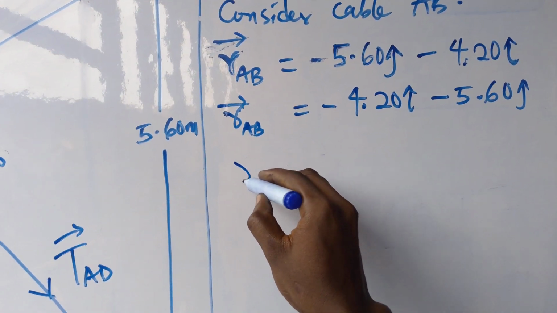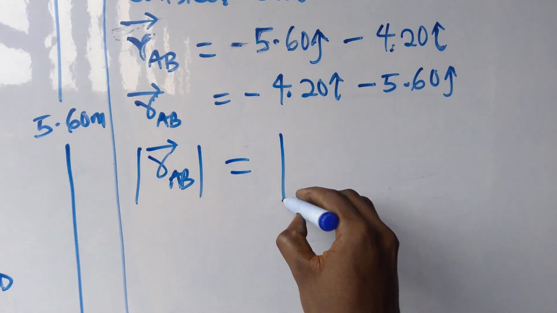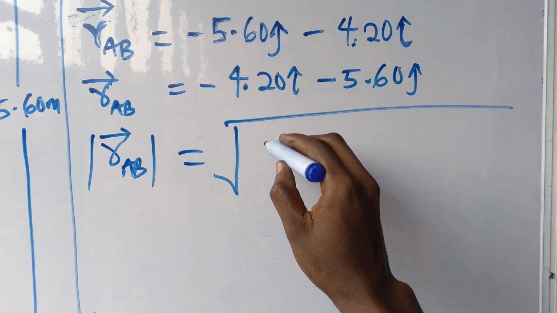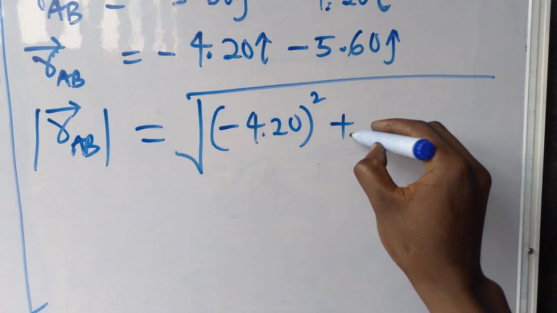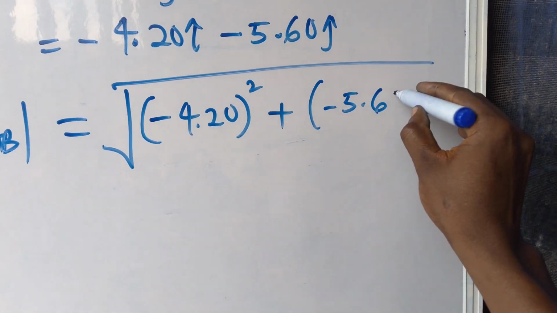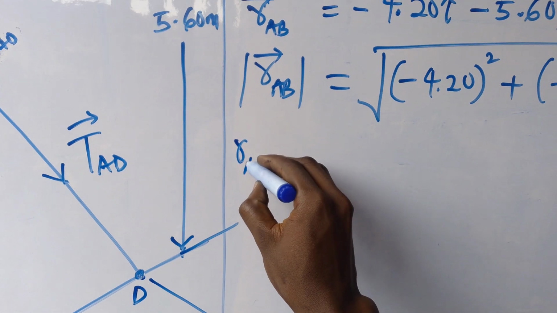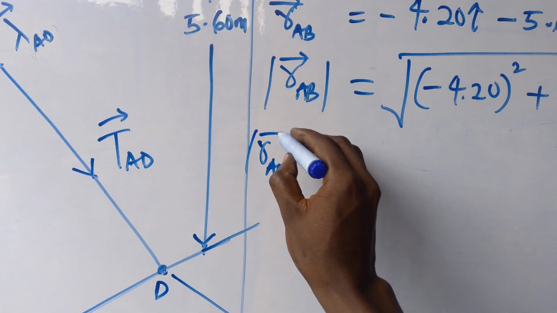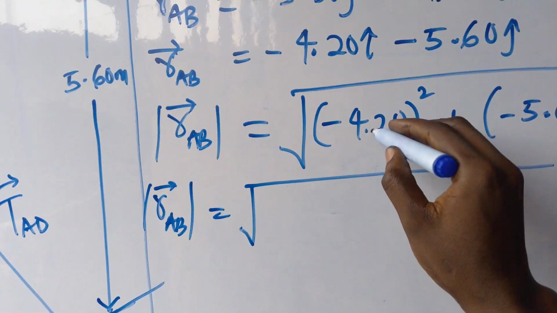Now get the modulus. The modulus is the magnitude RAB, which is, using Pythagoras rule, the square root of minus 4.20 squared plus minus 5.60 squared.